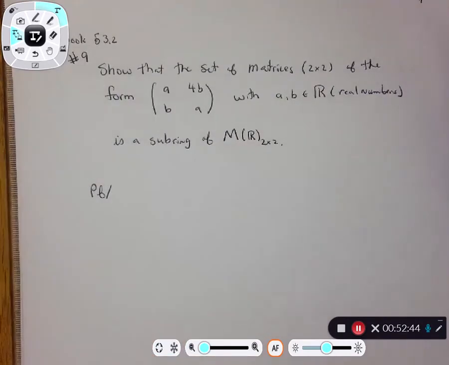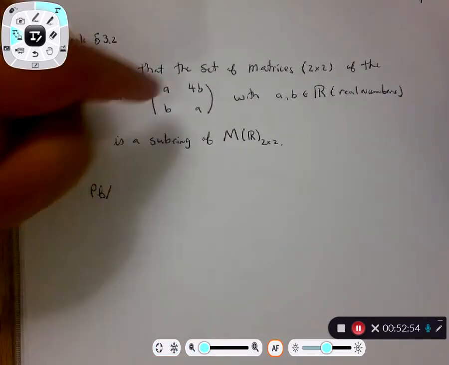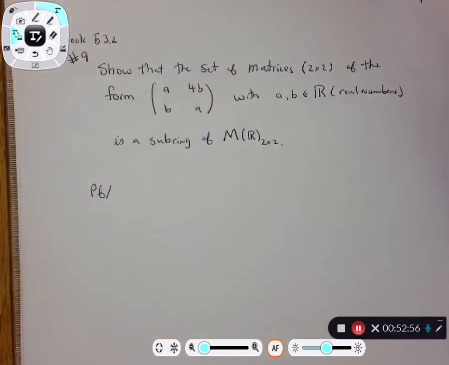These are the 2 by 2 matrices. That is actually a ring. This format of the ring, A, 4B, B, A, in this order, is going to be a subring of the matrices.